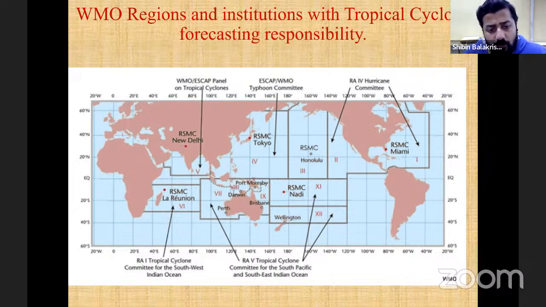So the North Indian Ocean, bound by the regions along the Bay of Bengal and the Arabian Sea, is covered by the Regional Specialized Meteorological Center, Delhi. For all the countries adjoining the North Indian Ocean, warnings, specific bulletins and other information are provided from the Regional Specialized Meteorological Center, Delhi.